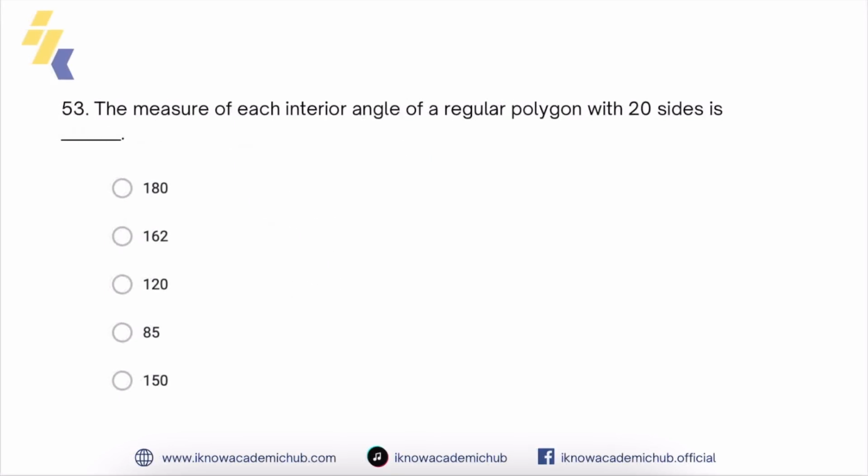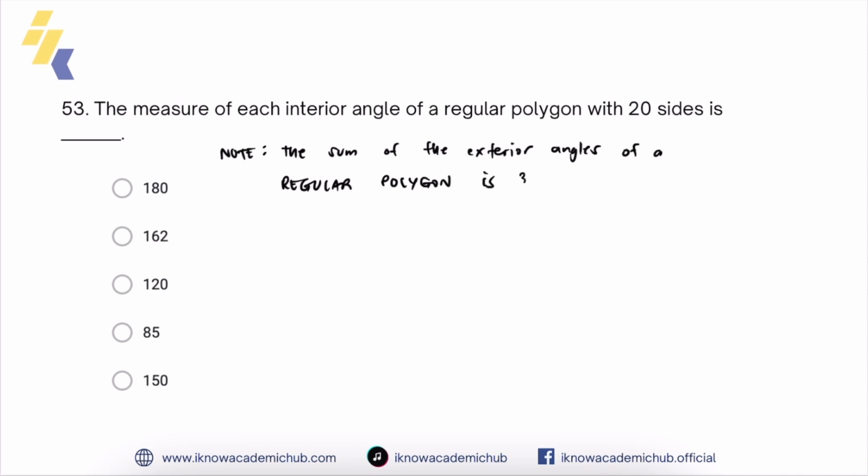53. The measure of each interior angle of a regular polygon with 20 sides is, so note that the sum of the exterior angles of a regular polygon is 360 degrees.